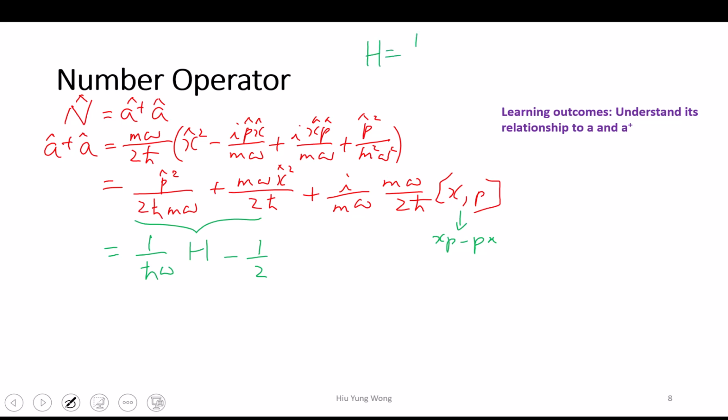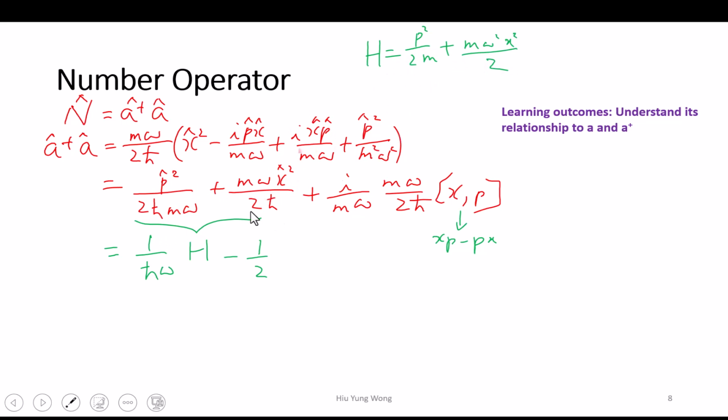H equals p squared divided by 2m plus m omega squared x squared divided by 2. Right, so you compare these two.